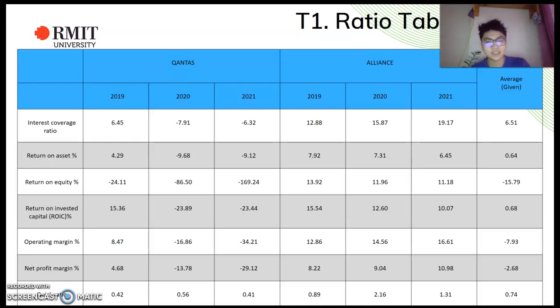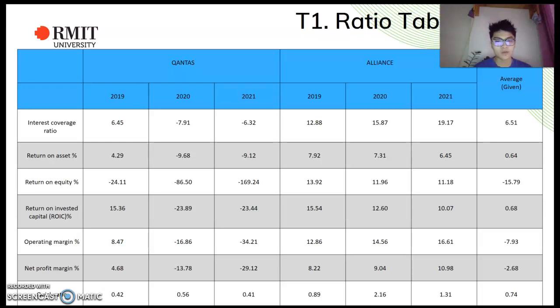Okay, coming to Alliance Airways. On the other hand, they're performing quite well, and most of the data is having an upswing. Even where some data has a downtrend, they're performing really well, such as return on invested capital, which has decreased in the last few years. However, it is still significantly higher than the industry average.